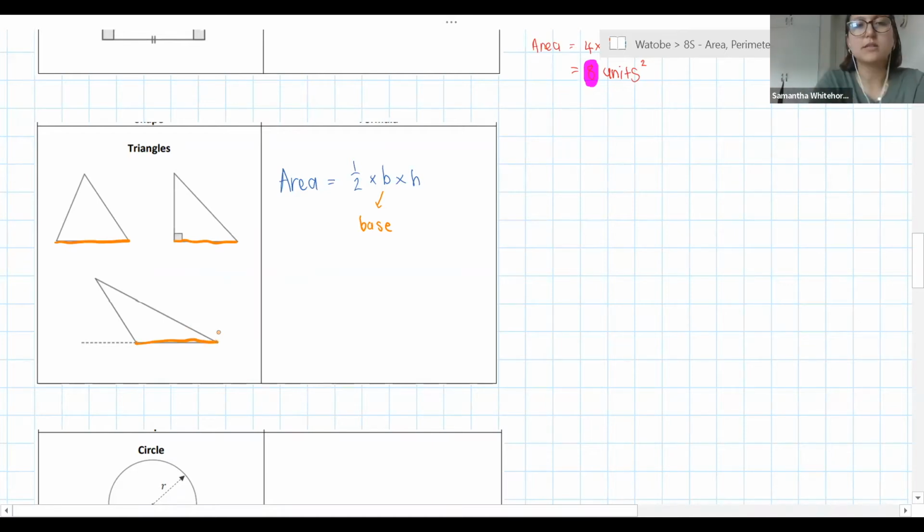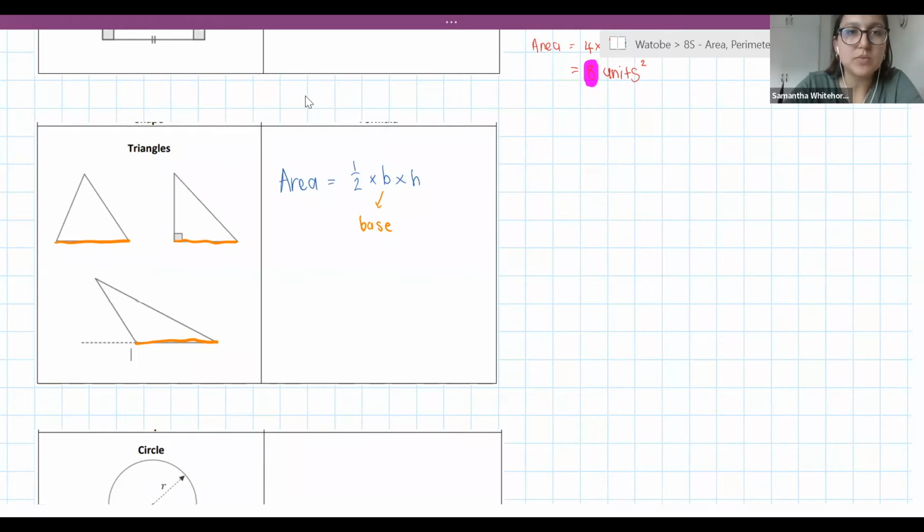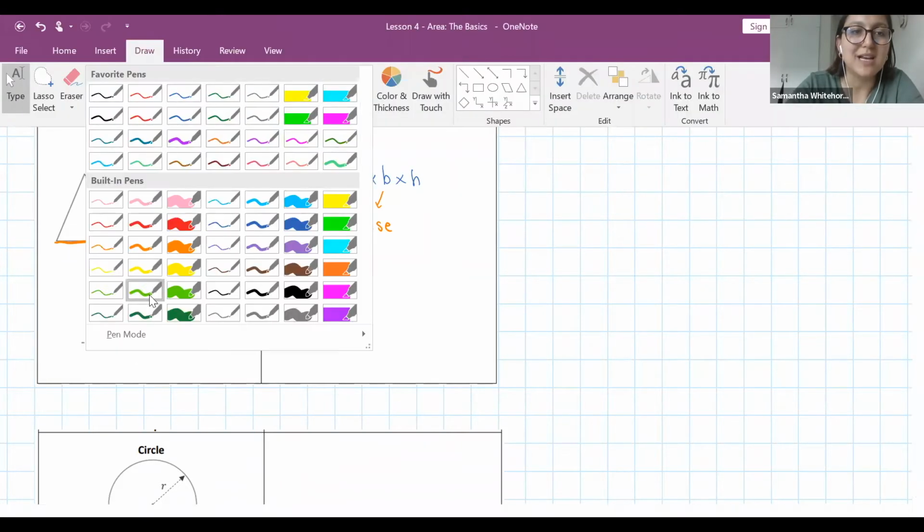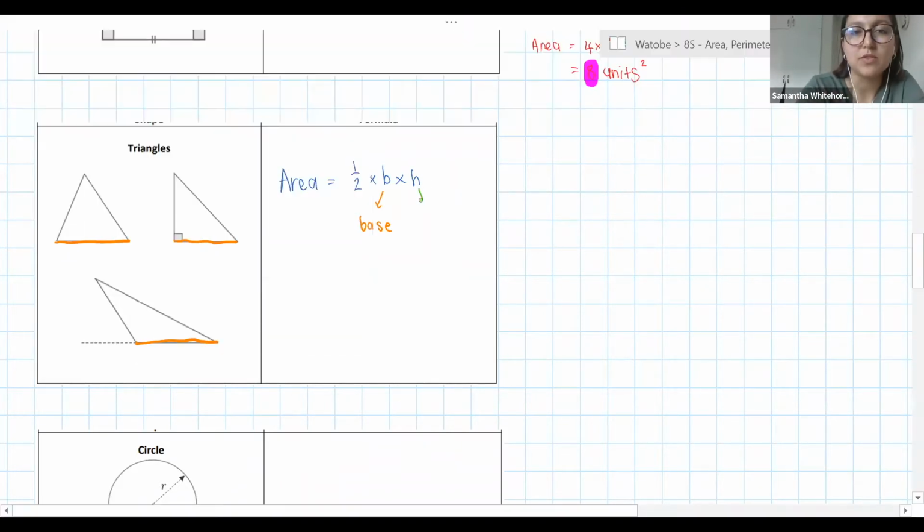Now this bottom triangle is a little bit weird looking, but we'll chat about it in a second. And then as we were told, the H then stands for the height of the triangle. Now, very importantly, this height of the triangle must always be at a right angle or must be perpendicular to the base, and it must always go from the maximum or highest vertex down to the base.